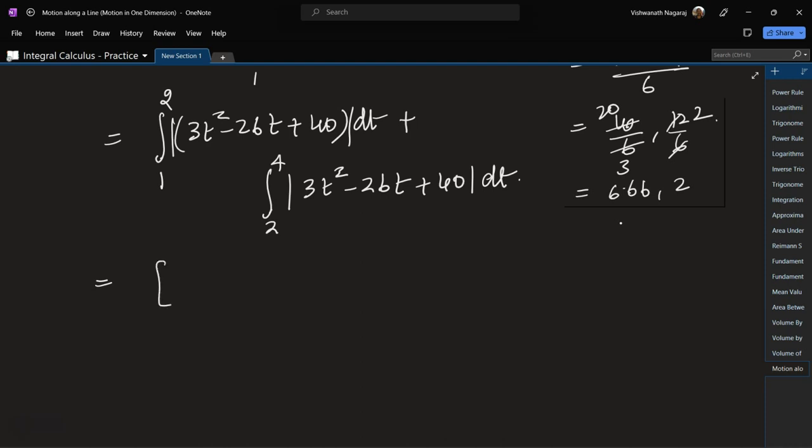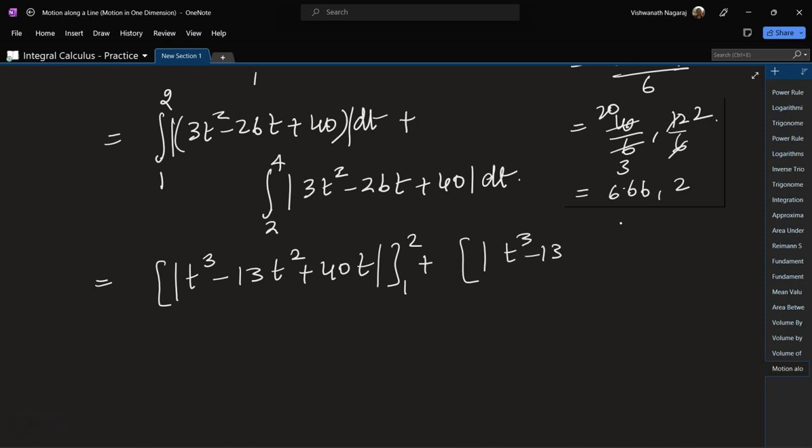We get t cube minus 13t square plus 40t, absolute value from 1 to 2, plus again the absolute value of t cube minus 13t square plus 40t from 2 to 4.